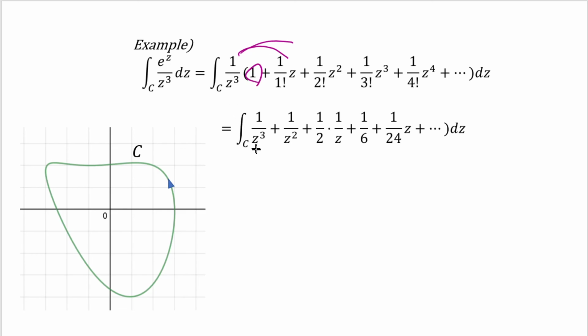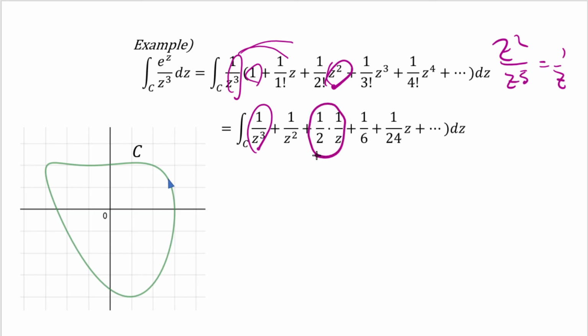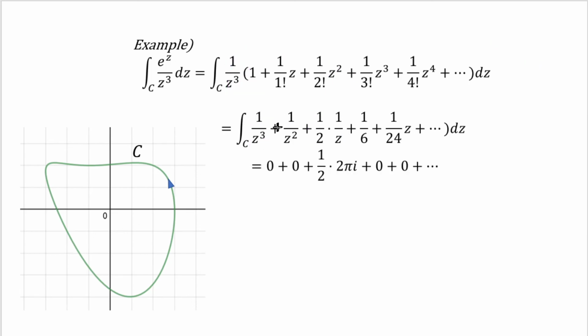1 times 1 over z cubed is 1 over z cubed. 1 over z cubed times z squared, for example, is z squared divided by z cubed, which is 1 over z, right? So because of that, you're going to get 1 over 2 times 1 over z. So you just do this calculation, and then you look at each of these terms. What do you find? Well, we know that all of these integrate to 0.